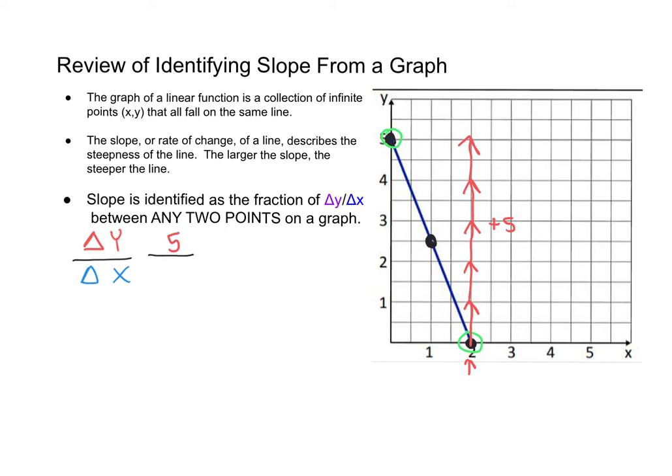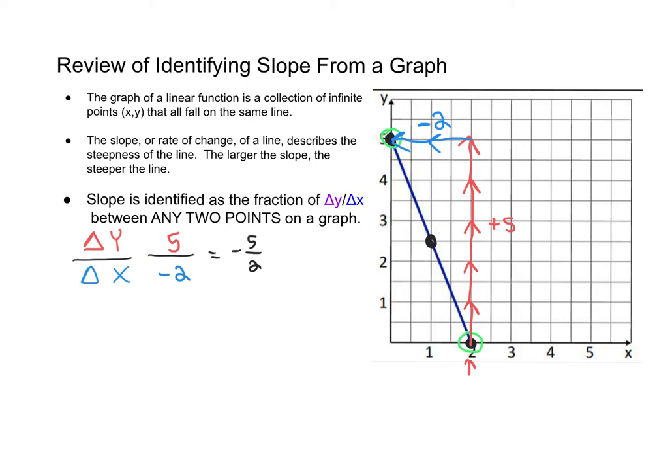And then let's look at our change in x. So my change in x, I moved in the negative direction 1, and then in the negative direction 2. So I moved negative 2. So my denominator is negative 2, which means that my slope is -5/2.